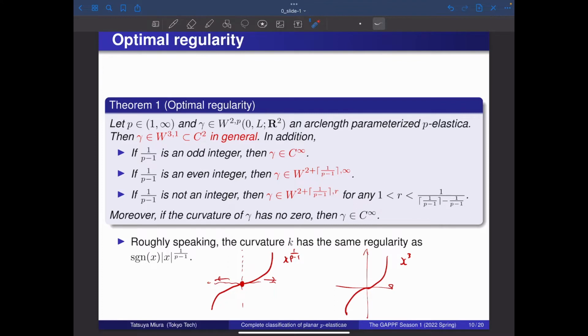And for other exponents, we have some kind of loss of regularity in this function, and this gamma has the same loss of regularity. Okay. So this is why this 1 over p minus 1 exponent is so important in this statement.